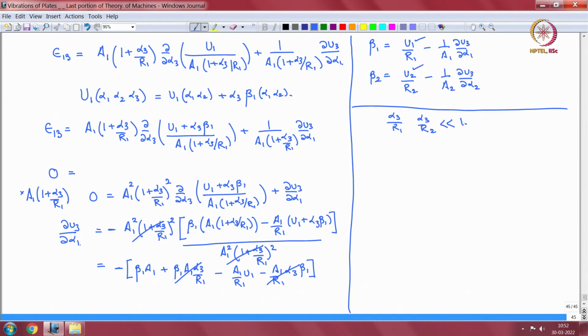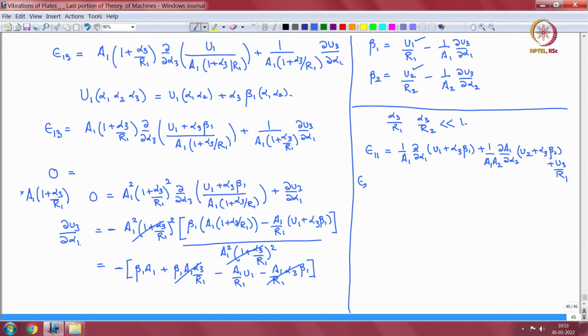So now we will get epsilon 1 1 is equal to 1 by A1 del by del alpha 1 of u1 plus alpha 3 beta 1, plus 1 by A1 A2 del A1 by del alpha 2 times u2 plus alpha 3 beta 2, plus u3 by R1.